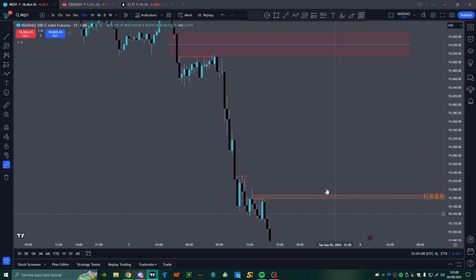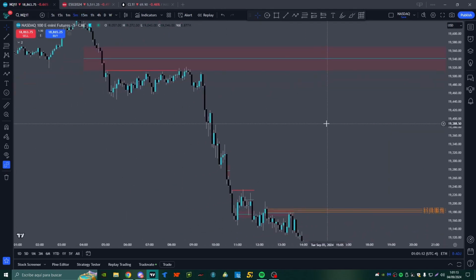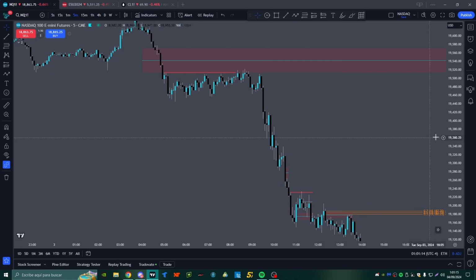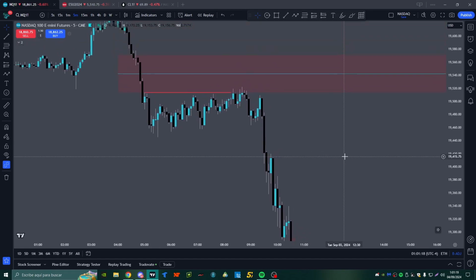Now, let's continue developing the day. Well, quite a linear drop. I'll open a parenthesis. Never try to guess that the price is going to leave you an imbalance no matter how strong a movement is.